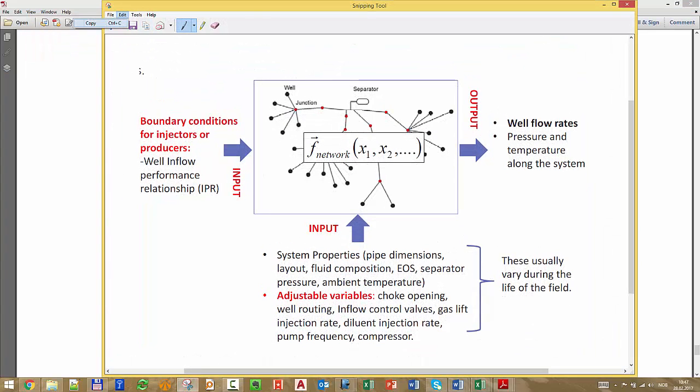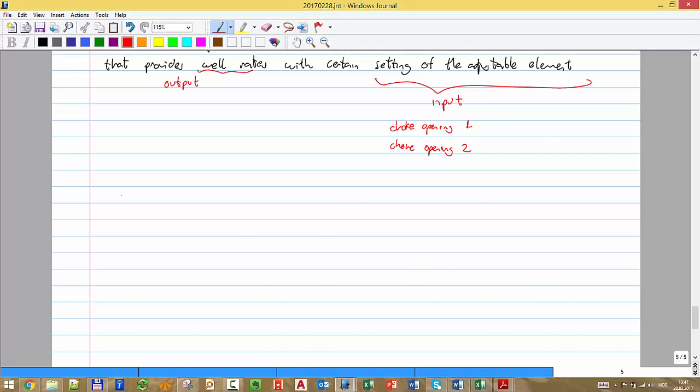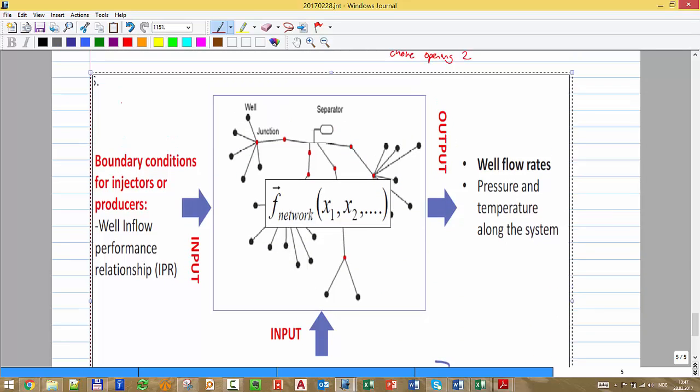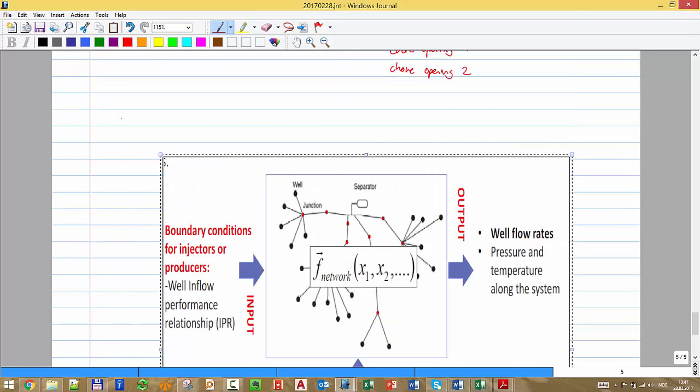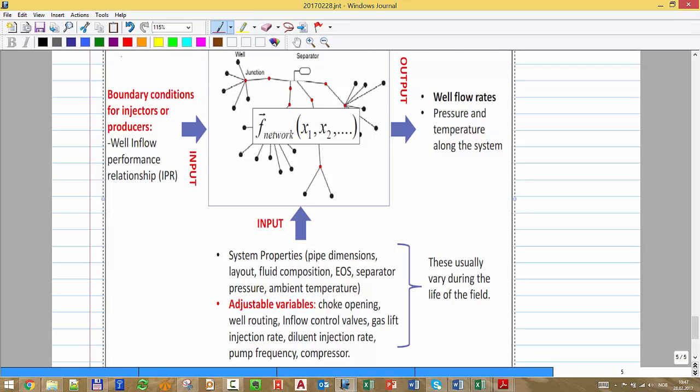Okay, but you can assume that it's almost like a function. Mathematically it's like a function. Okay, depends on many things, the IPRs, the dimensions, all of these equations, but also depends on the adjustable variables. Okay, and depending on these numbers, I will have different solutions.